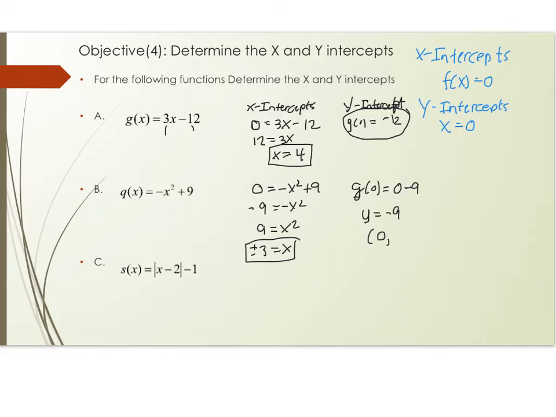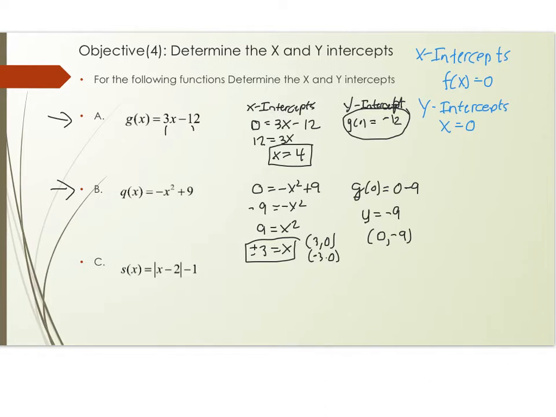It's at 0, minus 9, right? And our intercepts over here are 3, 0 and minus 3, 0, right? And we can identify these functions. This is a linear function, so it would be a line, and this is, of course, a parabola.